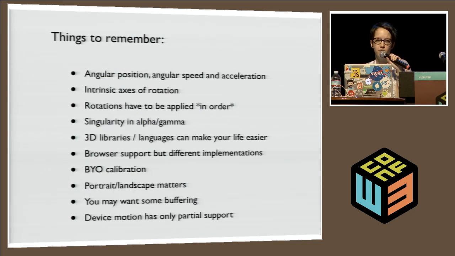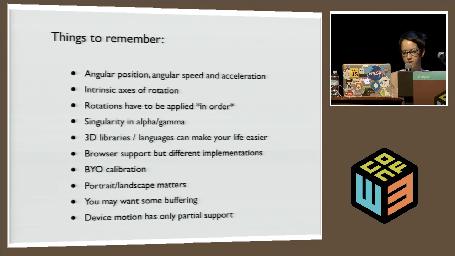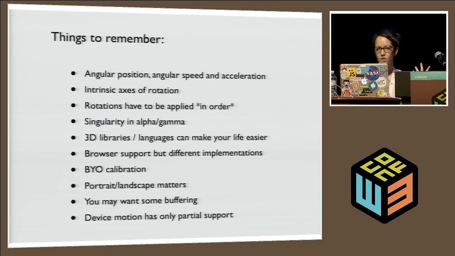But if you have to remember anything about it, I would say the important things are: the device orientation gives you the angular position, angular speed, and acceleration of the phone. It gives you all this information with respect to the intrinsic axis of rotation. That means that rotations have to be applied in order, so the order matters. You can find the singularity in alpha and gamma, and you have to watch out for that.